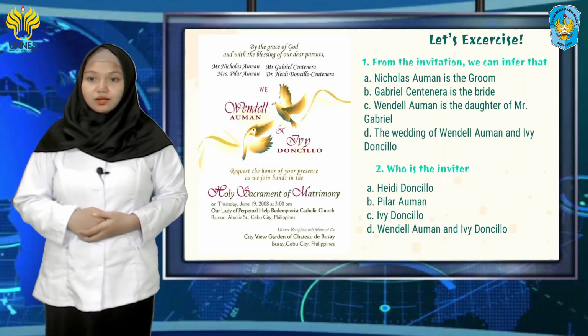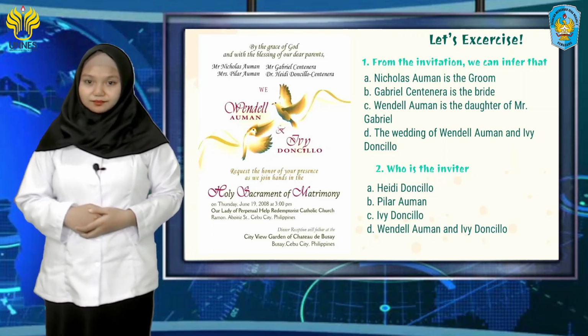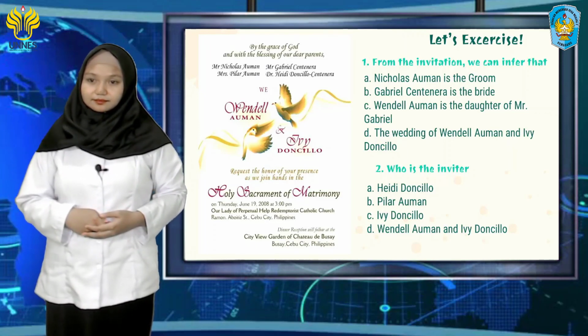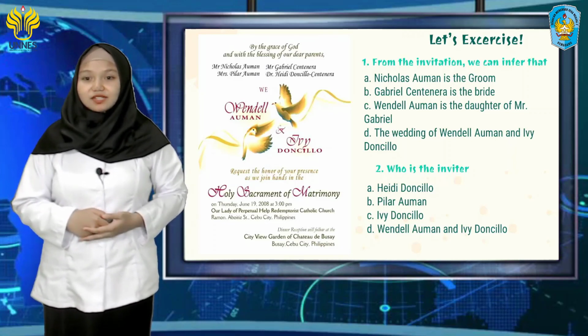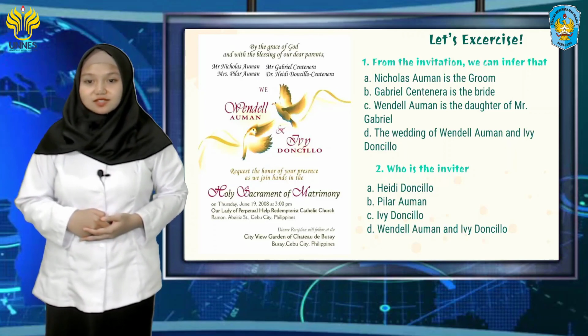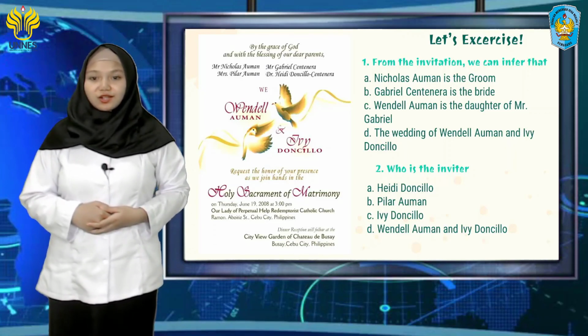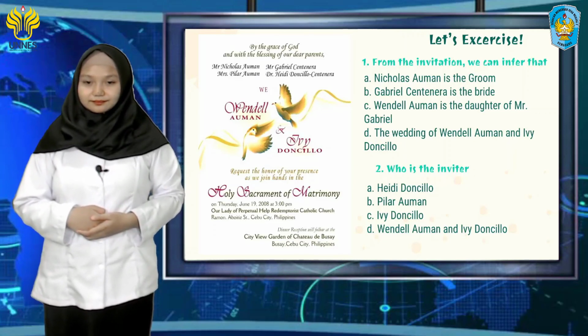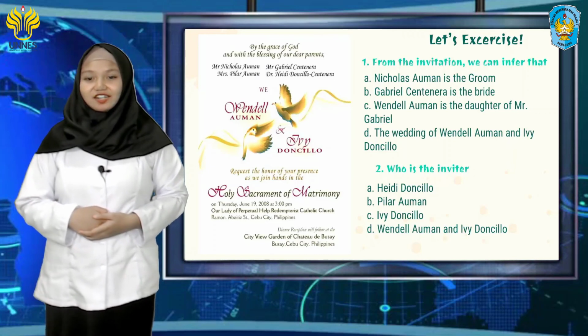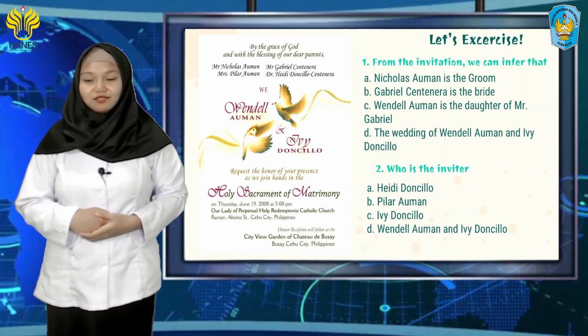From the invitation, we can infer that, yeah, the answer is D, the wedding of Wendell Allman and Ivy Donslow. Number 2, who is the inviter? Great, the inviter is D, Wendell Allman and Ivy Donslow.